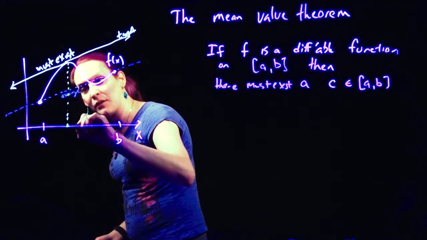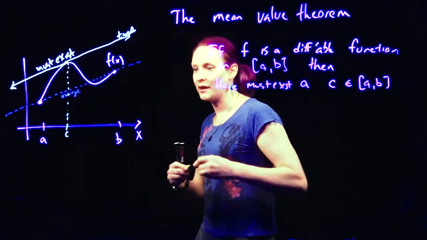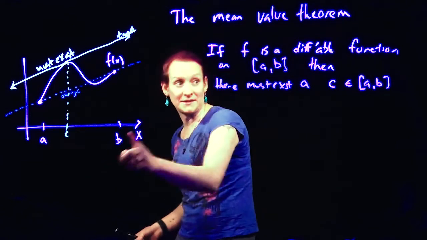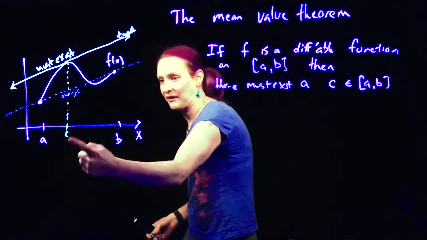So right here, that's C. C lives inside of the closed interval from A to B. C is in A, B. The C has to exist.